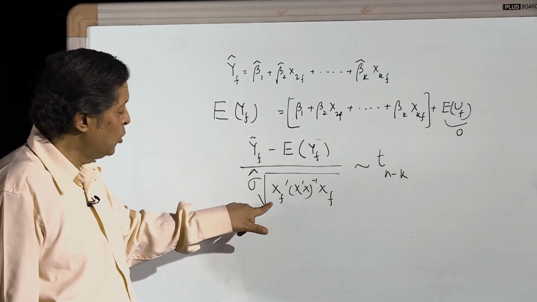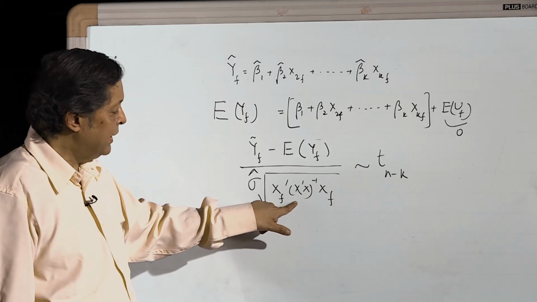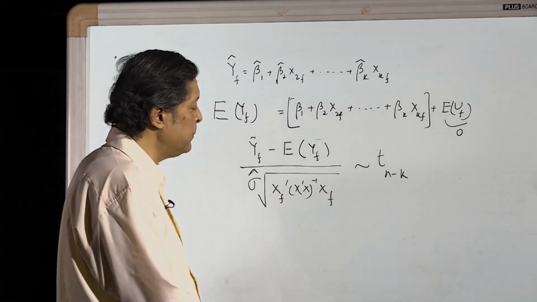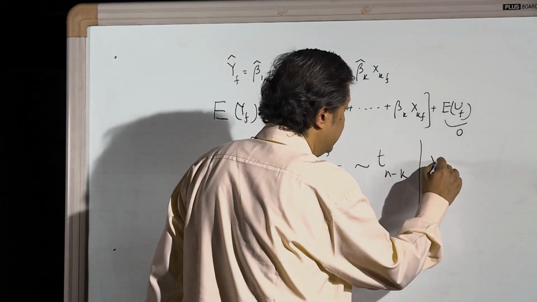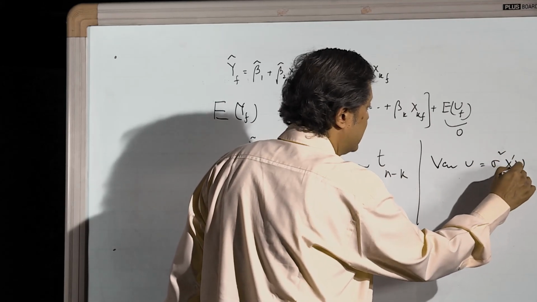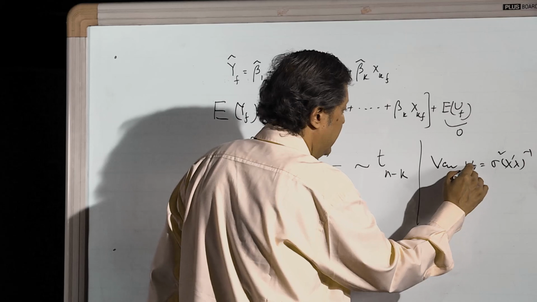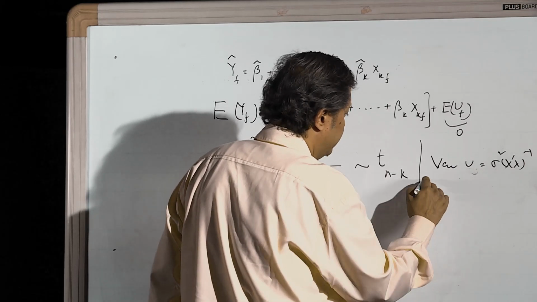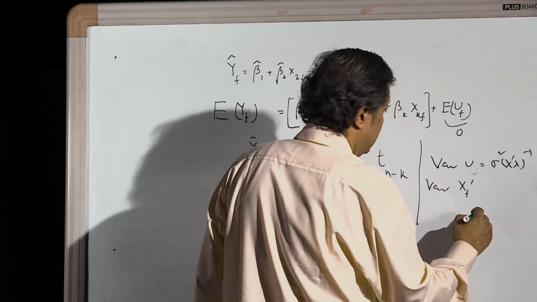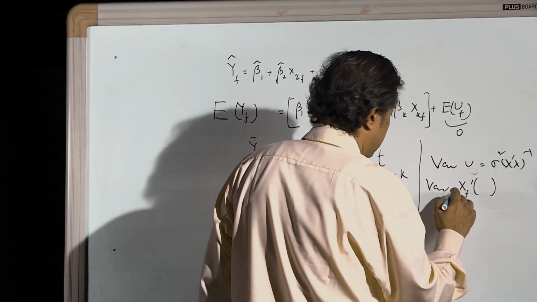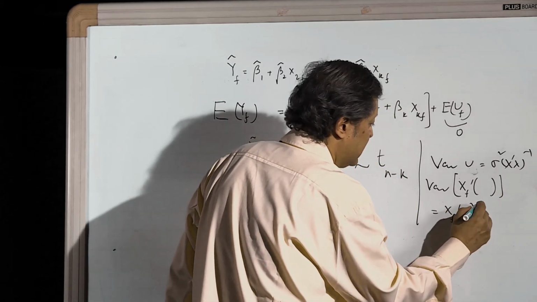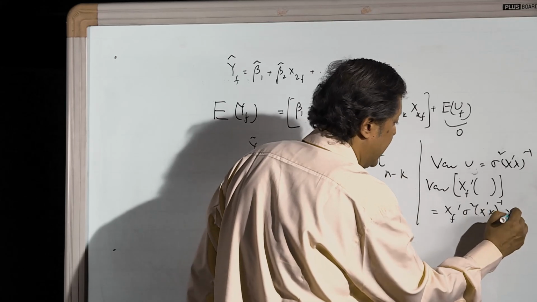So, you have a row vector x f prime that you multiply with x prime x inverse and post multiply with x f. This comes from the fact that the variance of u is equal to sigma square, so the variance of x f prime times this will be x f prime sigma square x prime x inverse and again x f.